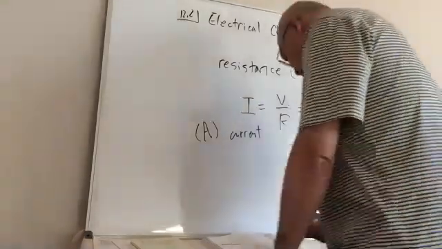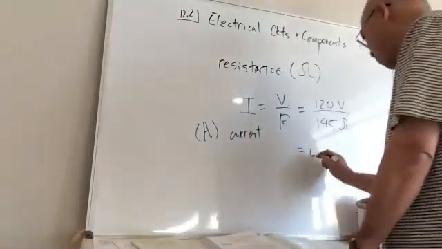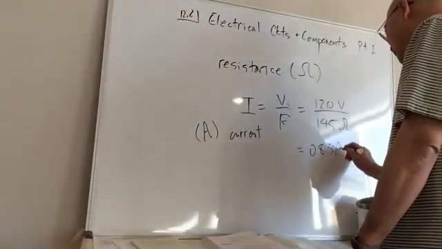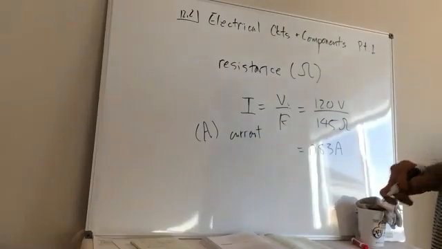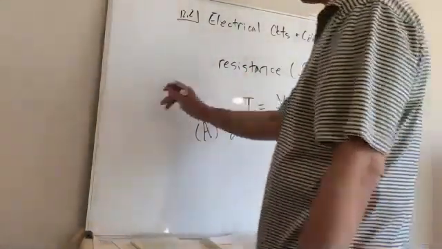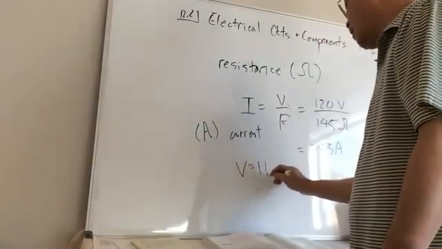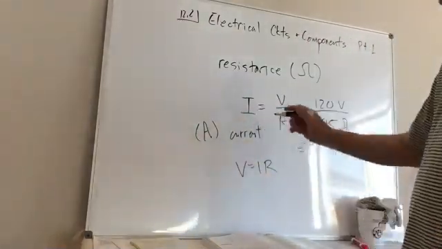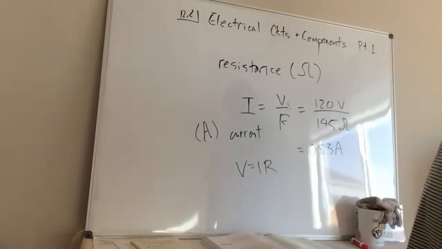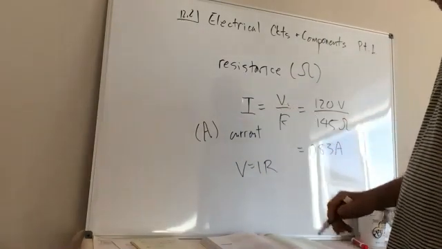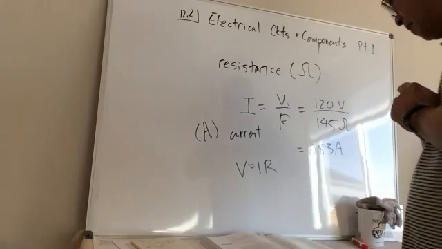And if we do that, we would get 0.83 amps. Okay, all right. Notice the book puts this as V is equal to IR. They're all the same, right? I is equal to V over R, however you want to look at it.